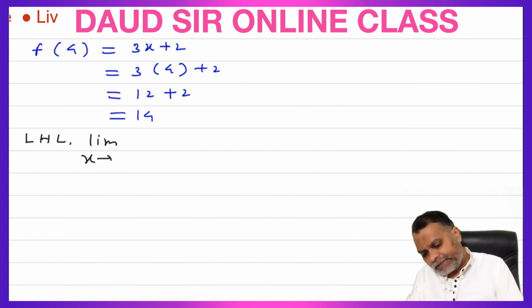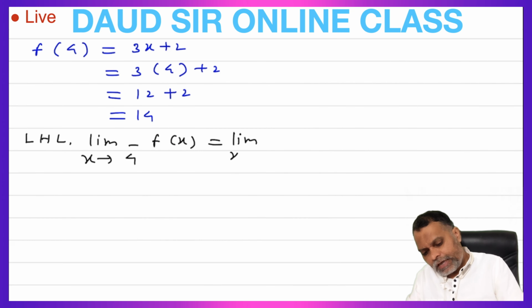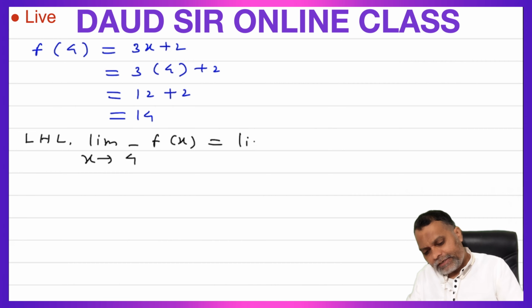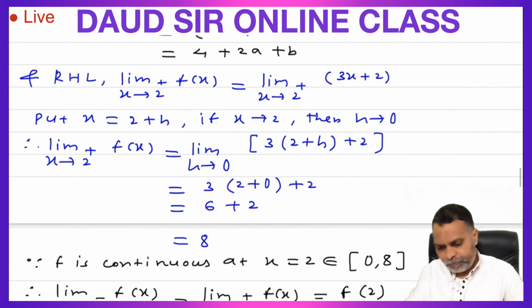Left hand limit x tends to 4 minus f of x is equal to limit x tends to 4 minus, where x is less than 4.